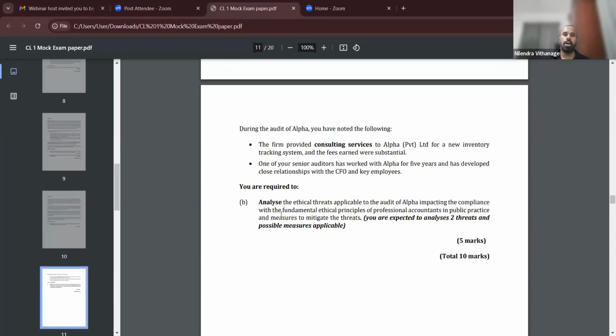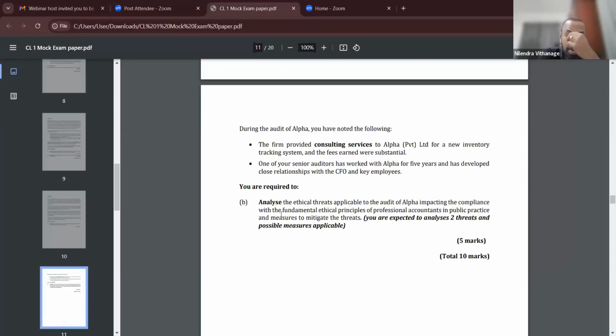During the audit of Alpha, you have noted the following. The firm provided consulting services to Alpha Private Limited. You are the statutory auditor and also you are providing consulting services to Alpha Private Limited for a new inventory tracking system.